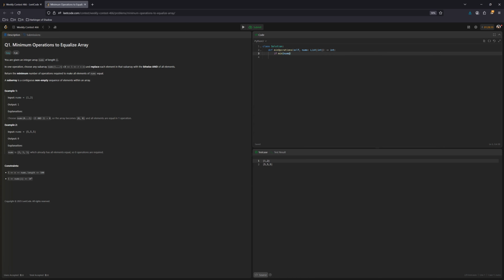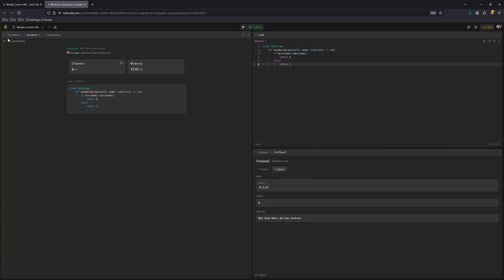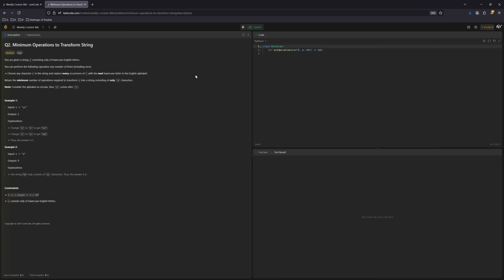If min of nums equals max of nums, then return 0, else return 1. Right? 1, 0, cool. All right, accepted. Sweet. I was initially a little confused.